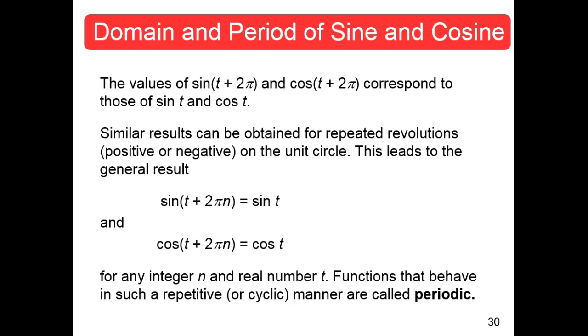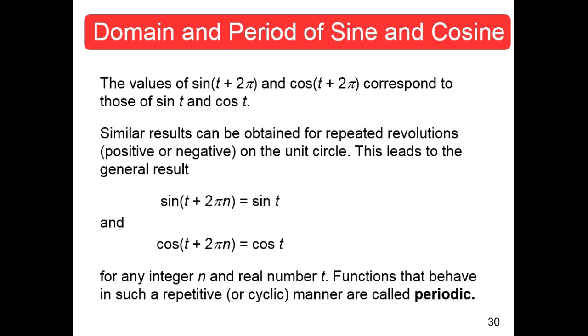You mean if you just put t plus 2 pi? That is true, but it's also true for 4 pi or 10 pi. It has to be some integral value. You just go around and around, but every time it's 2 more pi, 2 more pi, 2 more pi. So the number of times around, that's your n.